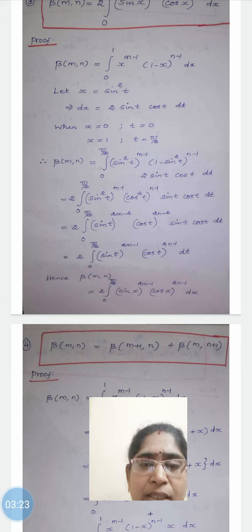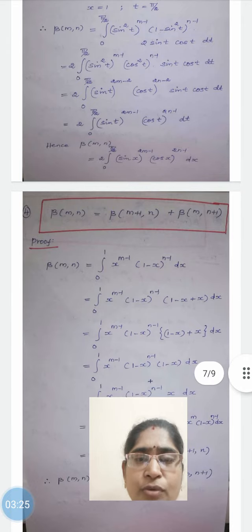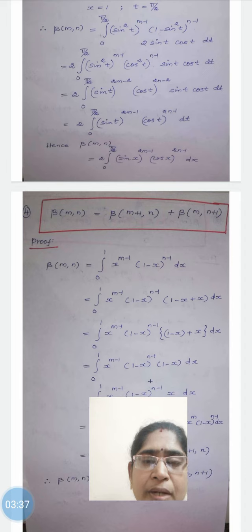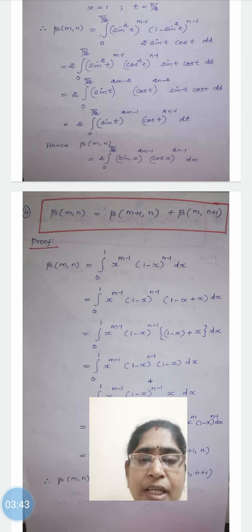Now coming to the fourth property, beta of m comma n can be written as beta of m plus 1 comma n plus beta of m comma n plus 1. So this can be got from the definition of beta of m comma n. Starting with the definition of beta of m comma n, here we are making one substitution: in dx can be written as 1 into dx.